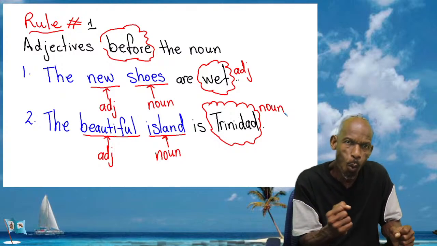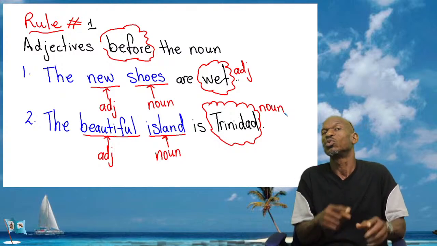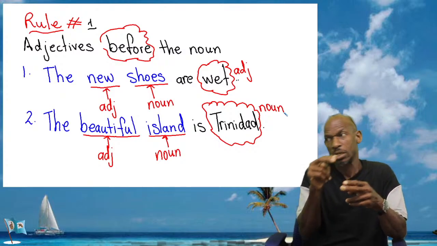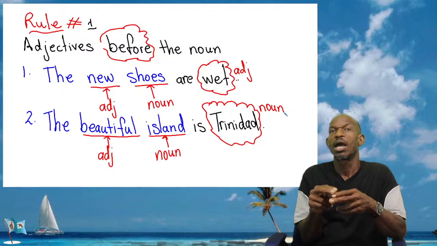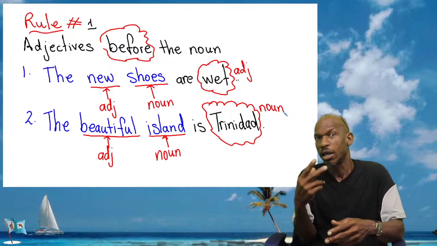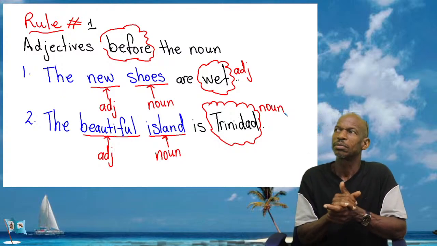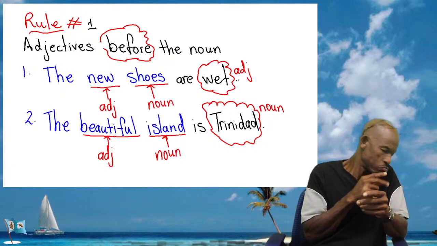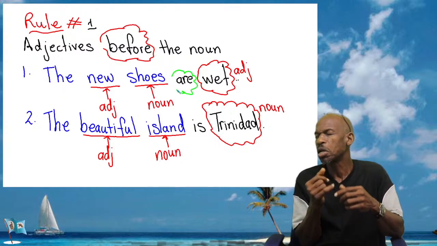The adjective comes before the noun. But afterwards, in order to complete my sentence, I must have a verb. If I don't have a verb, my sentence is not complete.